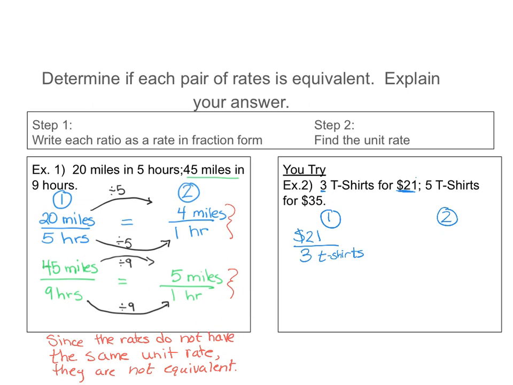And then I'm going to write 5 t-shirts is on the bottom for $35. Okay. Now go ahead and find your unit rate. So that means I need to get 1 t-shirt on the bottom for both of them.